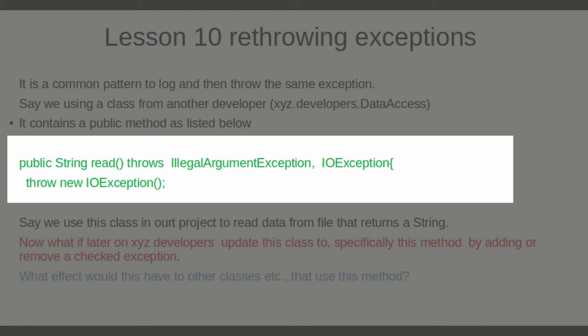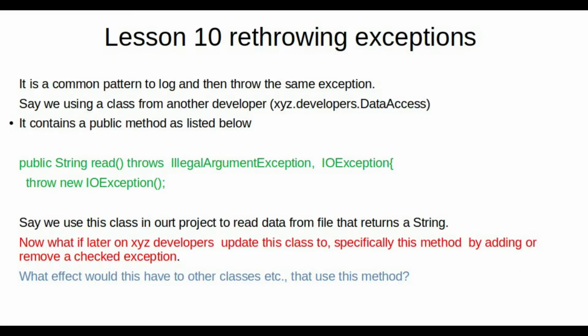In this class that we're going to use, it could throw an IOException or IllegalArgumentException. Now say we use this class in our project to read data from a file, as I mentioned.